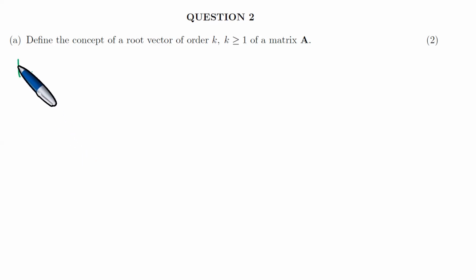So what we're writing now is actually a definition. They're saying define the concept of a root vector of order k, k greater or equal to 1, of a matrix A. So this is how we define this.